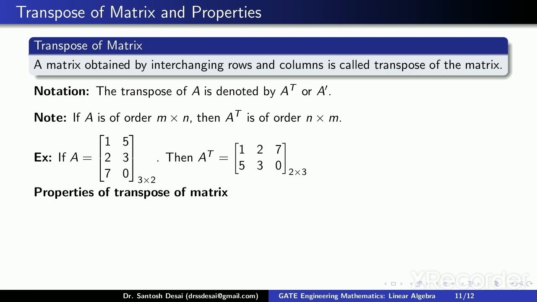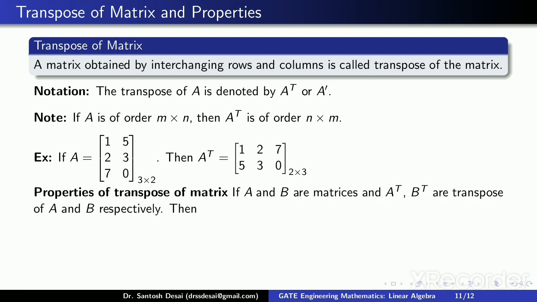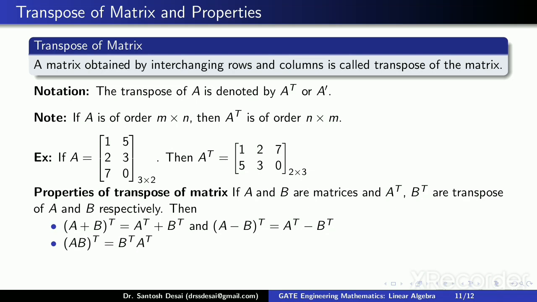Now consider the properties. If A and B are matrices and A transpose, B transpose are the transposes of A and B respectively, then (A plus B) transpose is equal to A transpose plus B transpose, and (A minus B) transpose is equal to A transpose minus B transpose. (AB) transpose is equal to B transpose into A transpose. This is a very important property.